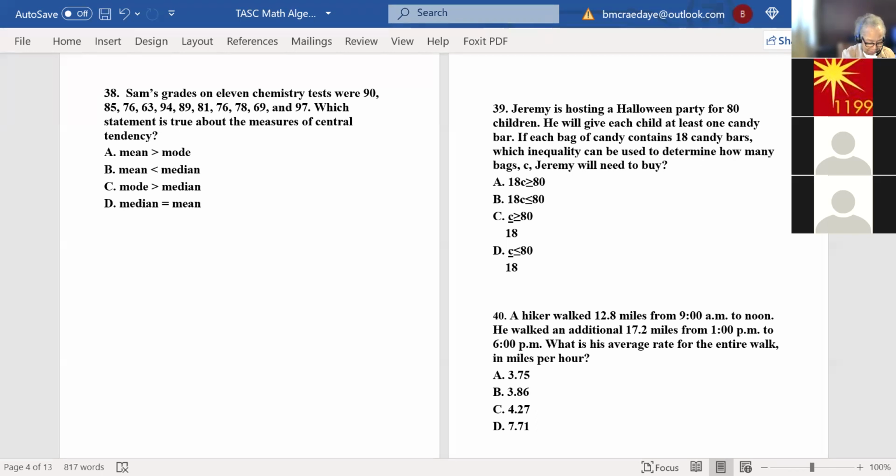That's right. 9, 10, 11. 98 divided by 11. Okay, divide this by 11. We do 8.1, 3.